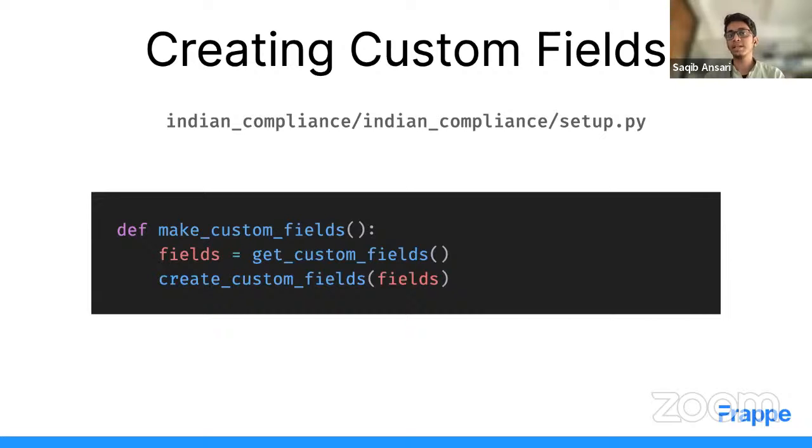This custom fields file is again a dump of all the custom field documents, basically. This is also a large JSON file separated out via the doc types. For example, for customers, there are 5 to 10 fields, then the same for supplier, and then sales invoice, etc. So all those things happen here right at the setup.